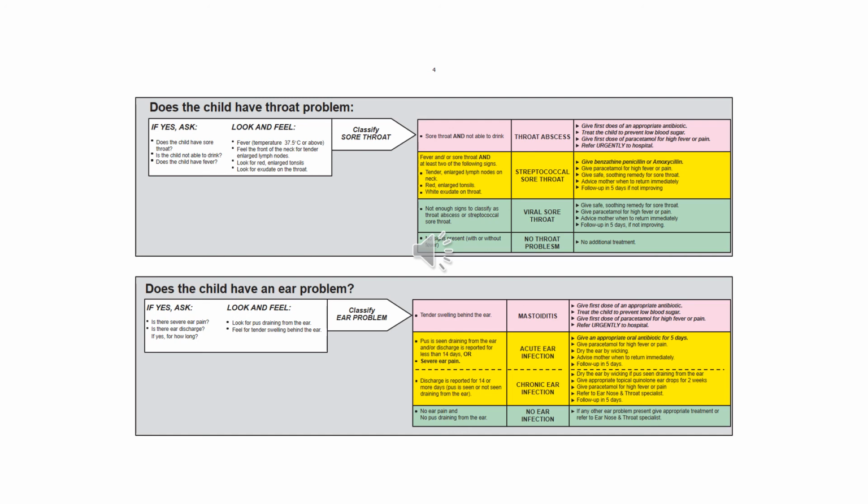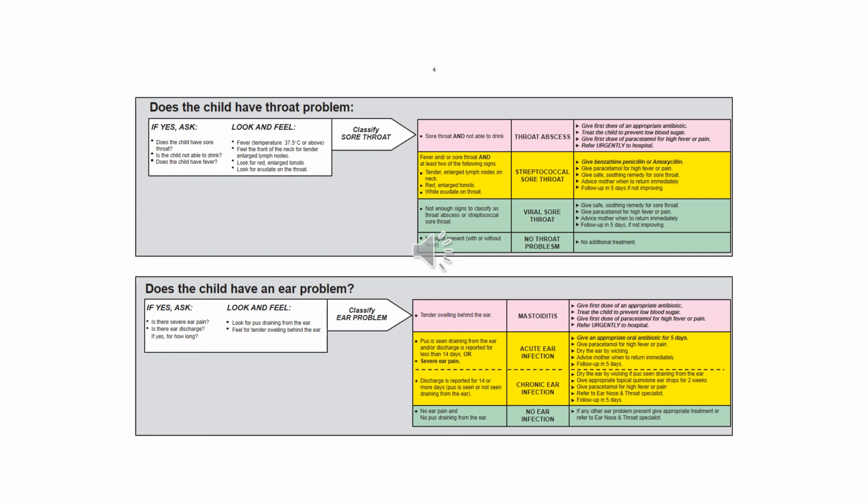Now, the second category is that the child comes with fever, with or without sore throat, and with any of the two signs, like exudate on the tonsils and the tonsils being red and enlarged, or if there are any enlarged lymph nodes. So that is a simple case of streptococcal sore throat.